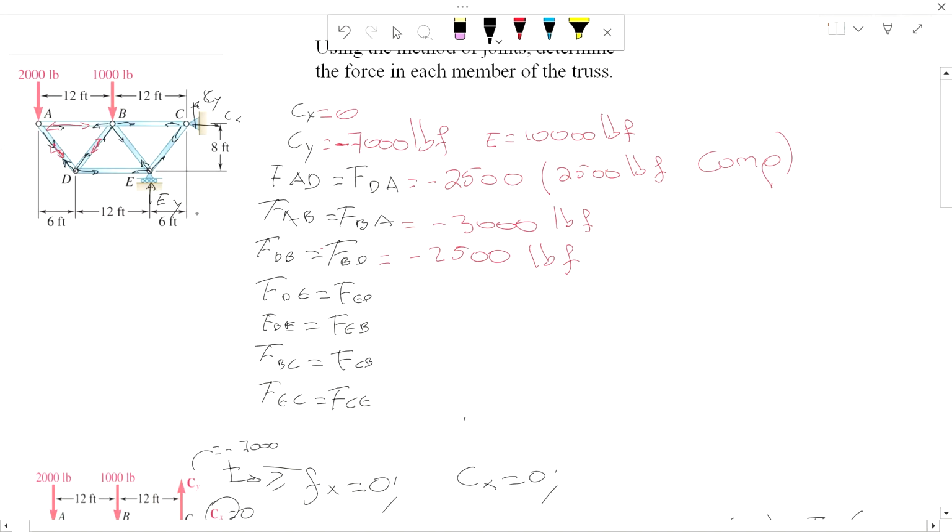So F D to E is equal to negative 3000 pound force. Okay, we have D to E as well, in compression then.